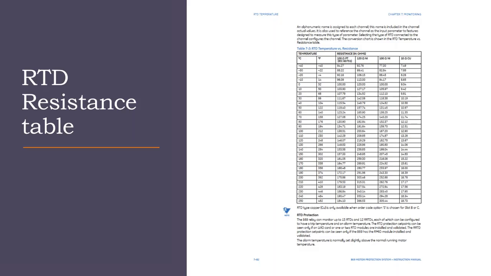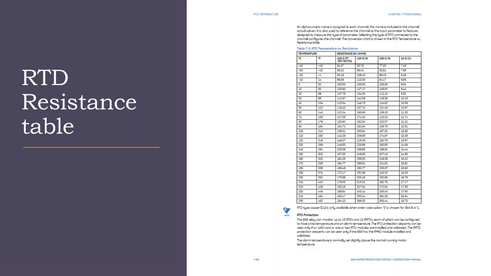So this is a table that shows what the relay does with the information coming back from the RTDs. An RTD basically varies the resistance, as John was saying, with temperature. The nice thing about this type of RTD is it does that in a linear fashion.